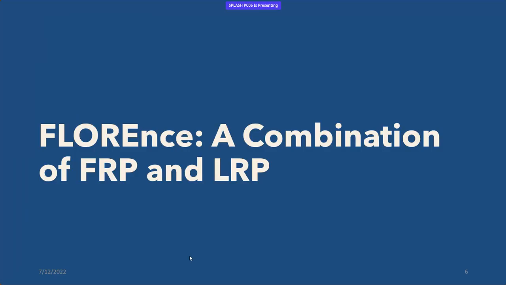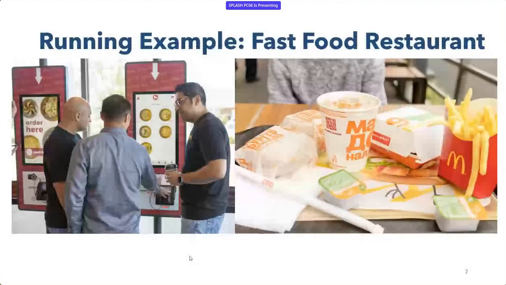So in my thesis, I looked at how to combine these two paradigms, and this resulted in the language FLOREnce. FLOREnce only looks at streams and not at signals. To explain FLOREnce, I will use an example, namely the fast food example.